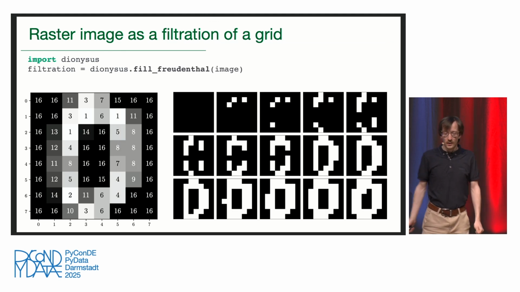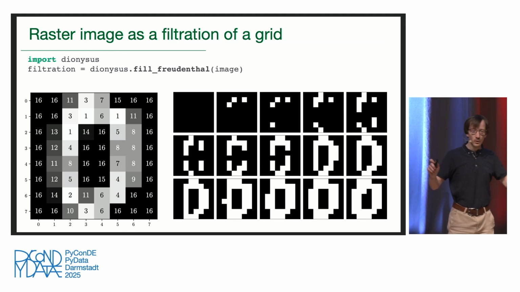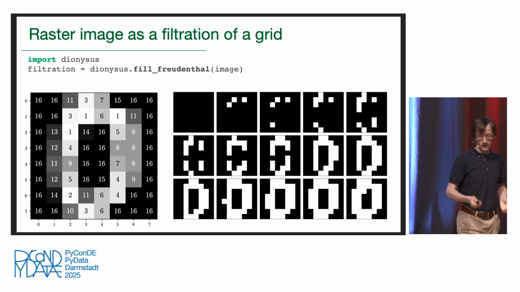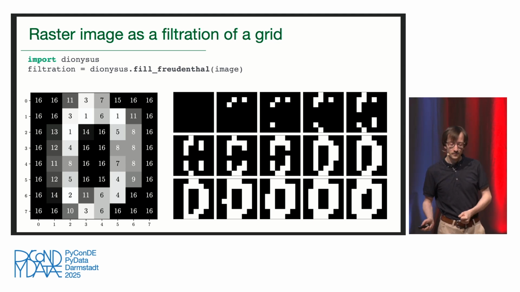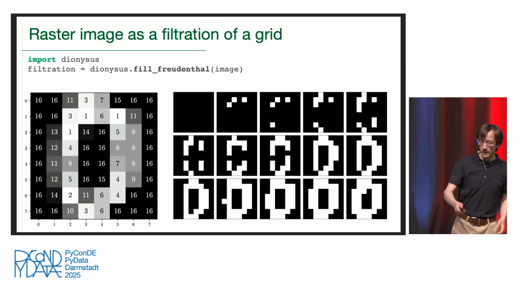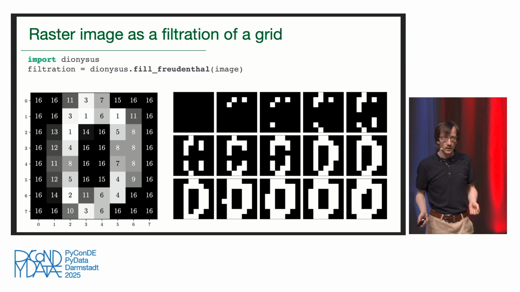So what can we do? We first build this filtration object. It has this scary name, Fill Freudenthal, and we feed it the image, where the image now is just an 8x8 NumPy array.